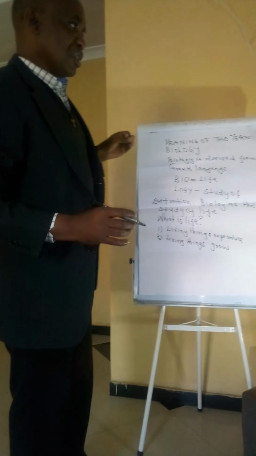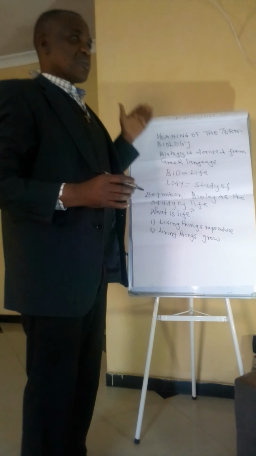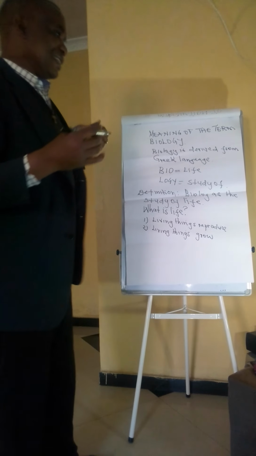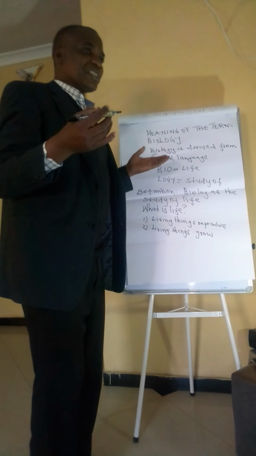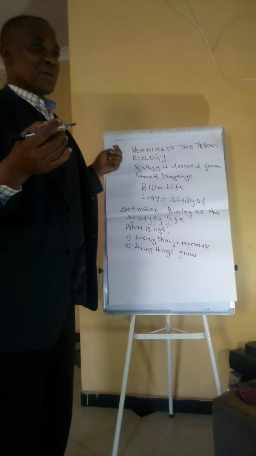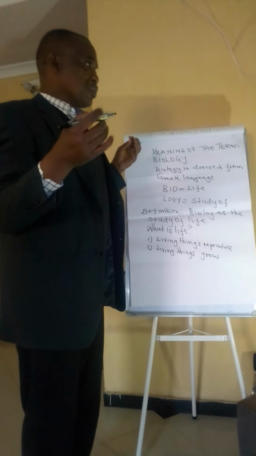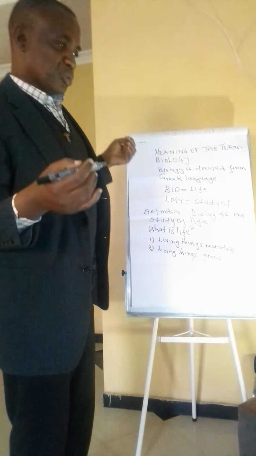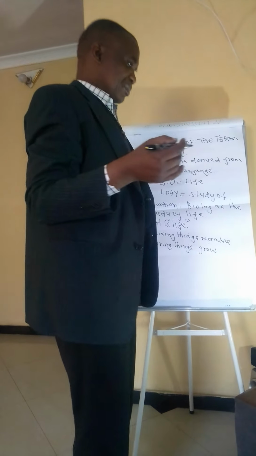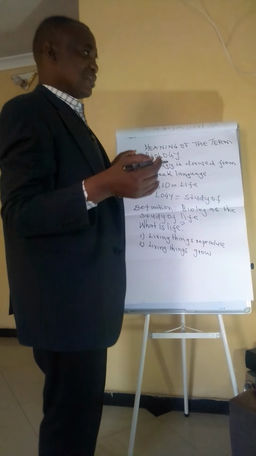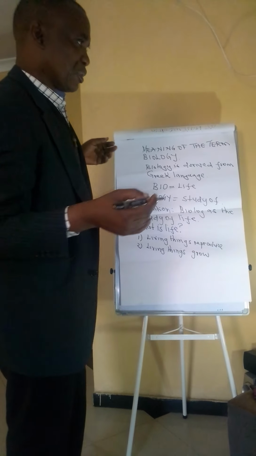They grow in size, they can grow in height, or they can grow in intelligence or in wisdom. That is the growth that we are talking about in living organisms. If you don't grow, then you are dead. For example, you don't see dead wood growing. If it's dead, it will not grow. It will just remain the way it was.